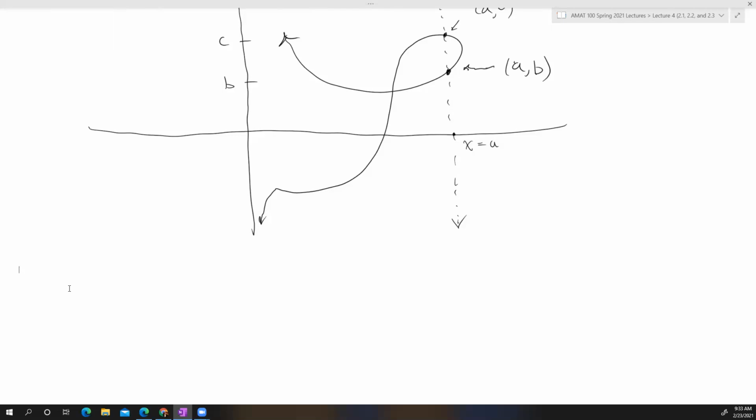A proof by contradiction relies on this fact in the following way. Suppose you have a statement or a proposition you want to prove, and you know it's true, but you don't have a direct way of proving it. Well, you can prove it in the following way. Suppose the proposition is false.